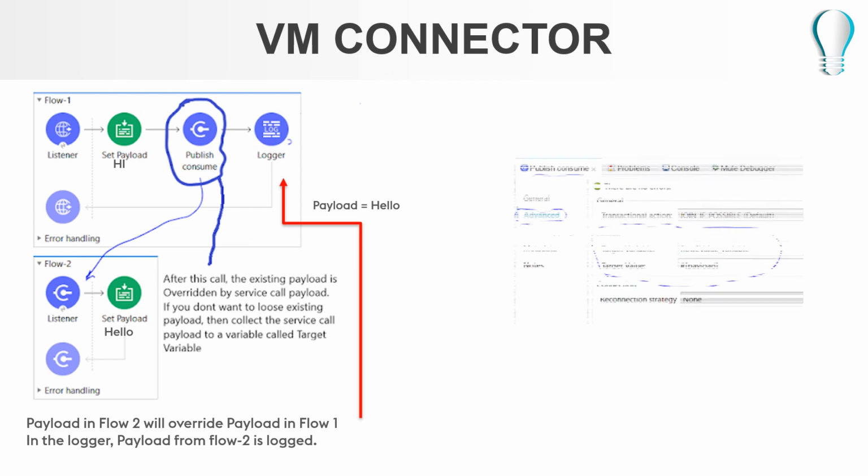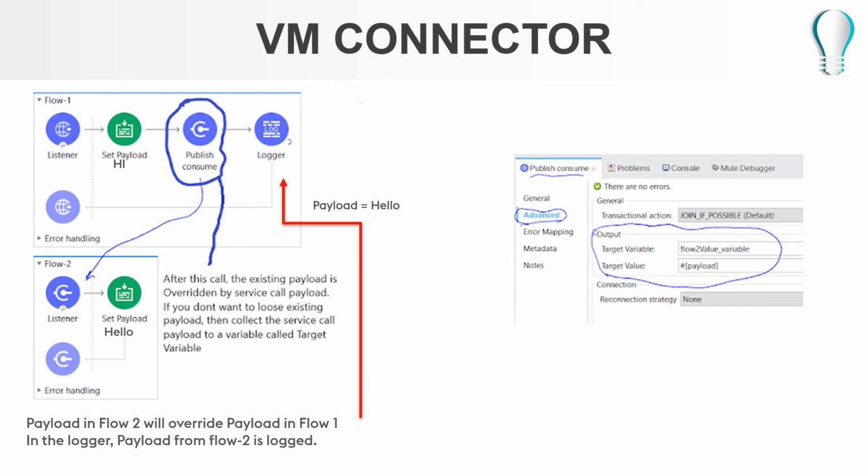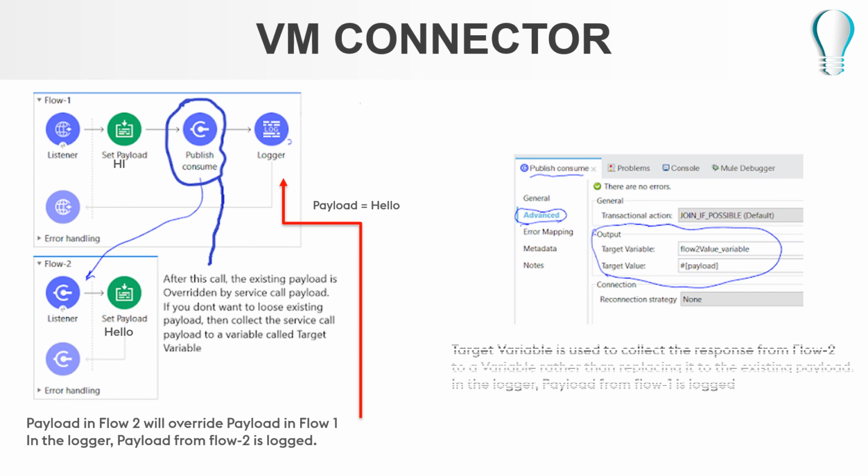Another thing here is target variable. What happens when you set a target variable value? In this case, what you're doing is you are updating the payload to hello in your flow variable, flow to value variable.